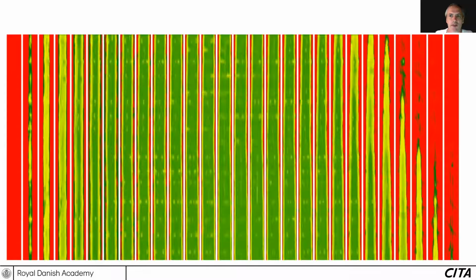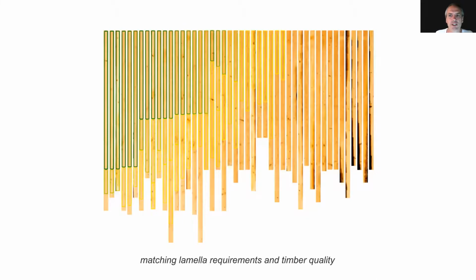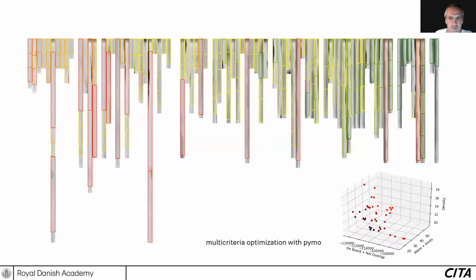Similarly, we map out the qualities found in every timber log and finally match these two sets of requirements. The paper explains and evaluates in more detail which computational methods we use for this process.